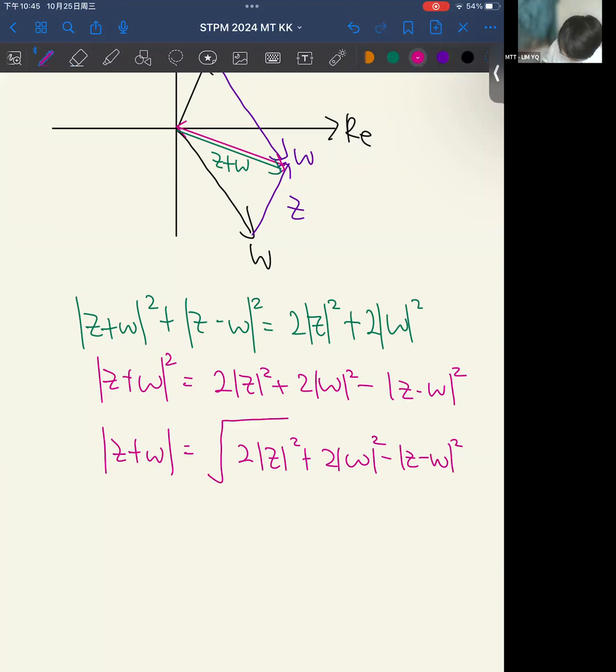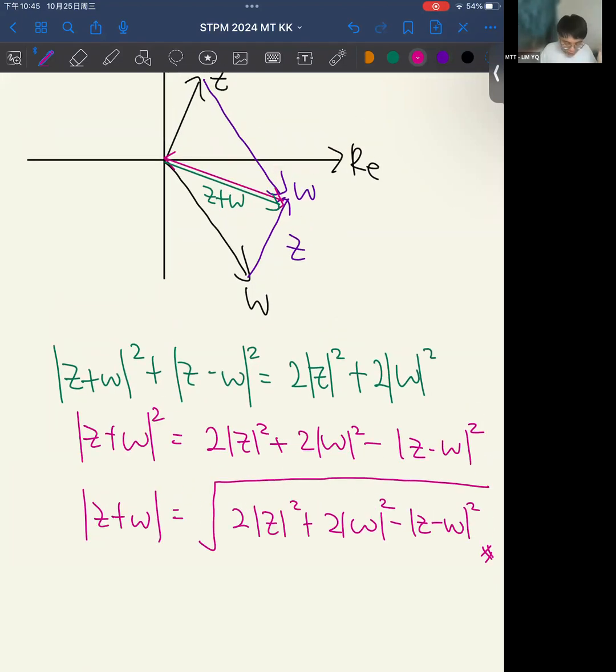Take the positive square root, and we are done. Then this is the length of the diagonal. You must mention one diagonal, the length of the diagonal of Z plus W. You still have the other one.